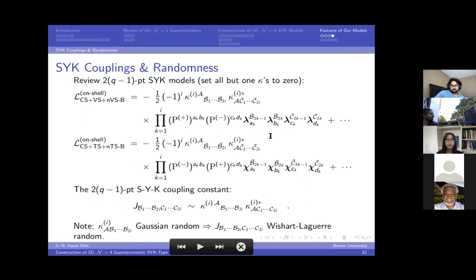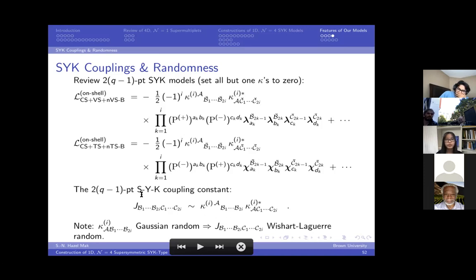And we can also look at the 2q minus 1 point SYK models, with more fermionic terms. But now we set all of the kappas to 0 except one of them. So we eliminate all the cross terms and we only retain one diagonal term. And again, if you look at the kappa, these two are multiplied by each other, and these two are conjugates of each other, and only one index is contracted.